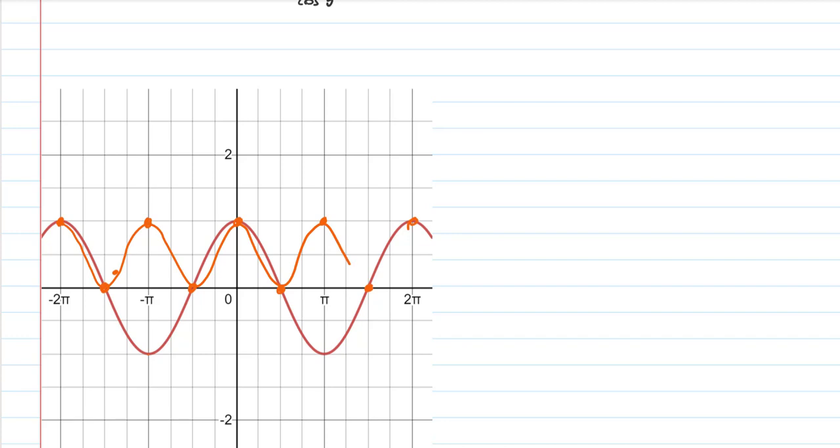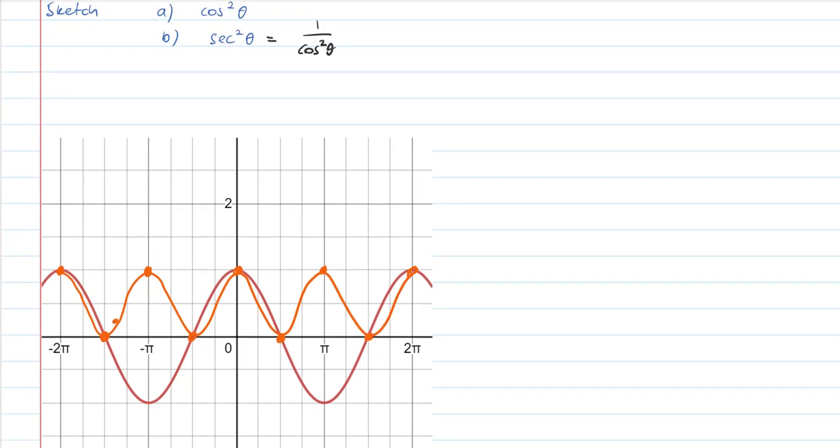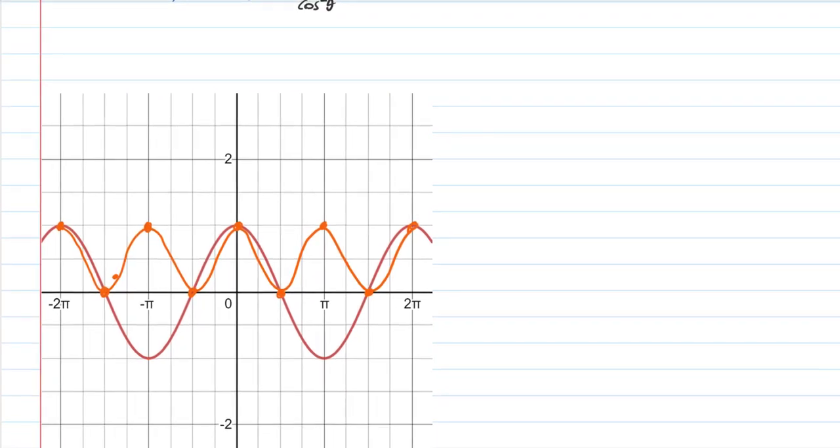It'll look a little bit more triangular. Okay, and then when we say, well, what is sec squared theta? Well, that's just the reciprocal of cos squared theta, and so we get this with an asymptote of 0. But this time, they're all positive, and they're all just a little bit more boxy.